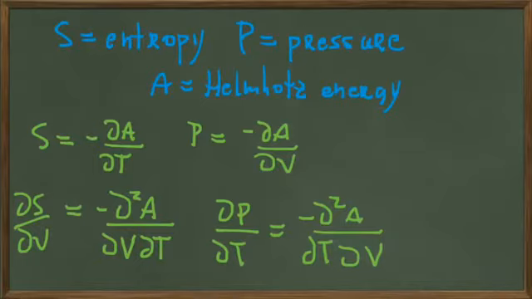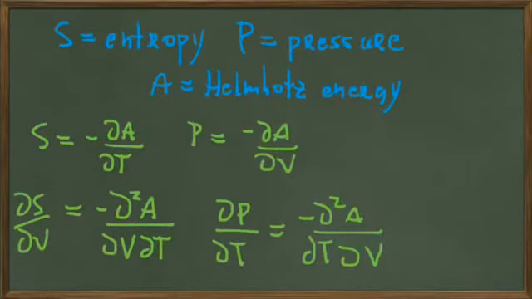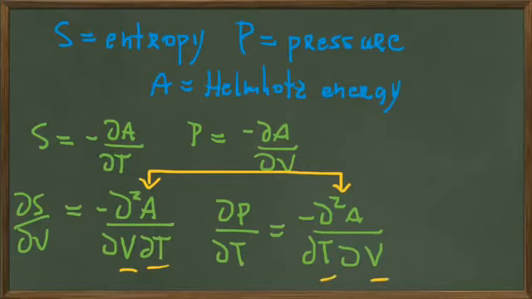But since all of these functions are continuous, and back to our previous slide, mixed partials are all equal when the functions involved are continuous, which they are. Functions and the derivatives are continuous, which they are. These two expressions only differ by the order in which you take the partials, this one T first and V second, this one V first and T second, they are equal because of the equality of mixed partials.